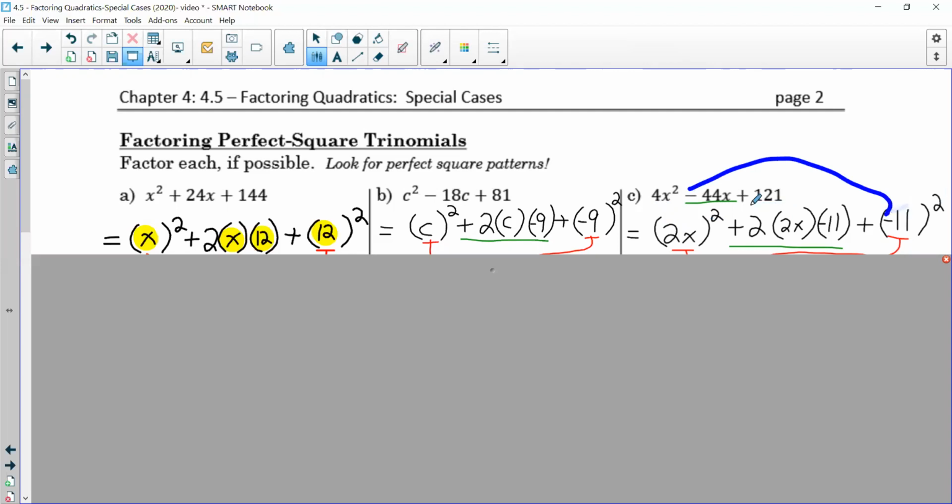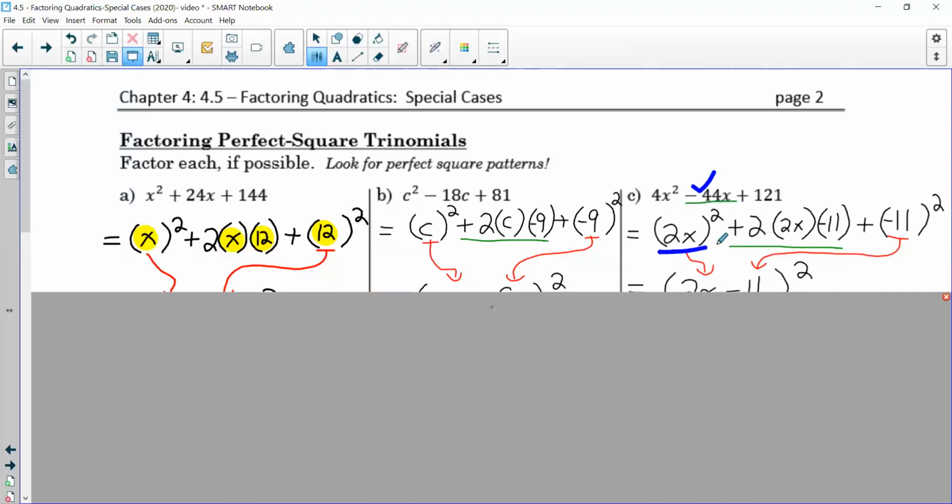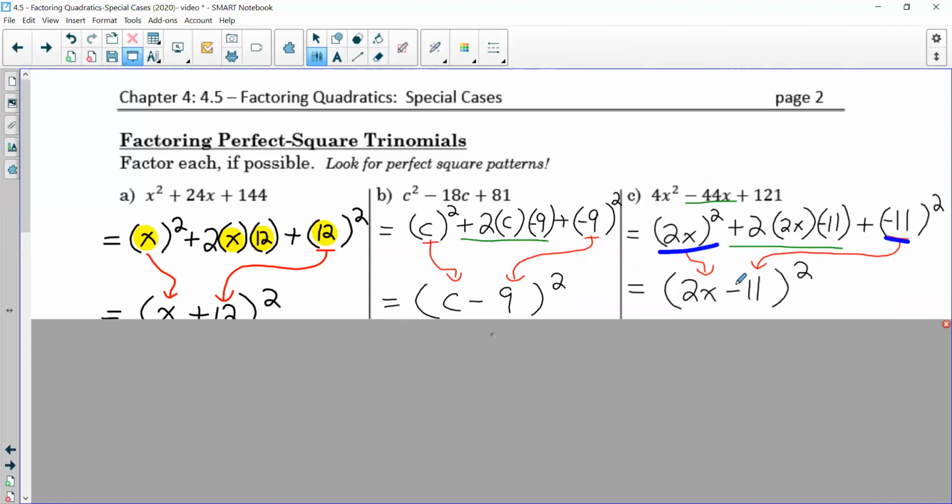That'll still give us a positive 121. So we're going to use the negative 11 and the 2x and double it. There's the doubling pattern, and see if we get negative 44x. 2 times 2 is 4, times negative 11 is 44 with the x. That does work. Since it fits the pattern, we can go ahead and use the 2x and the negative 11 to write the factored form.